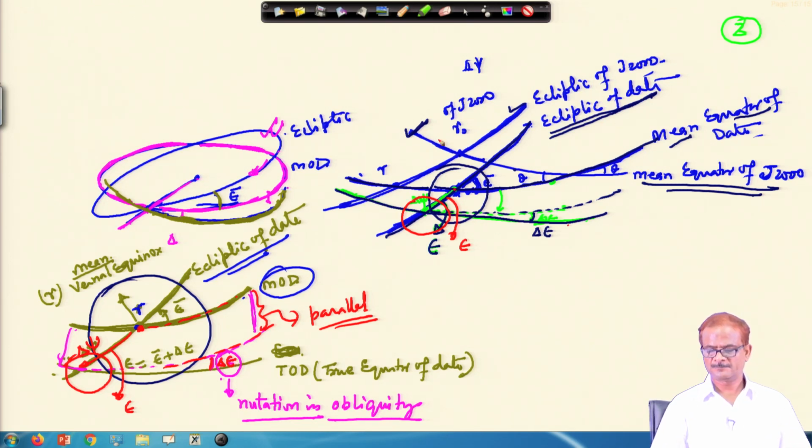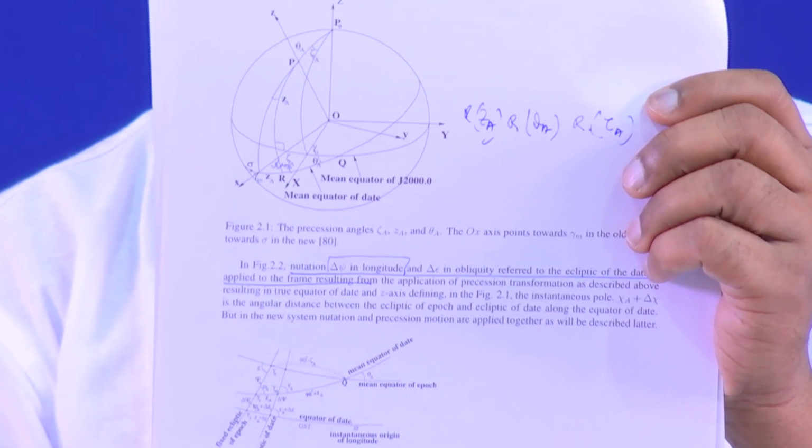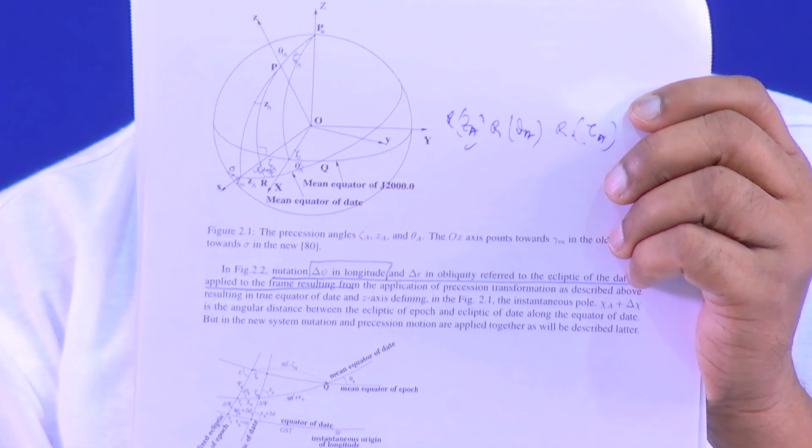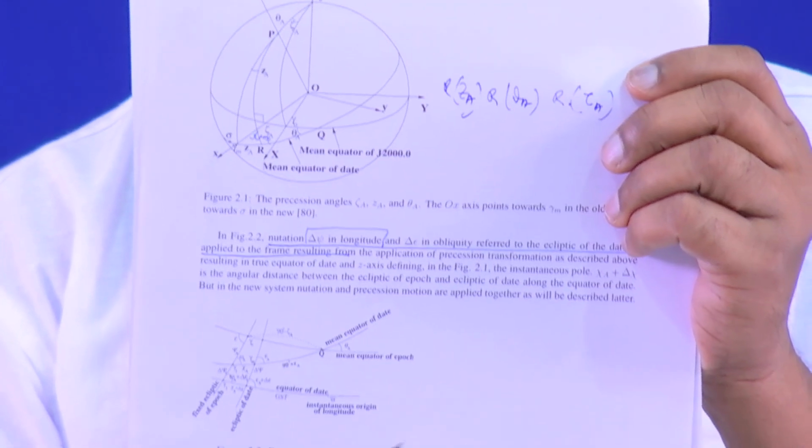I hope that this makes it clear to you, and I will supply you the graphically drawn figure, as I can show if the camera can be focused on this. Whatever figure I have shown you in color, the same figure is shown here.